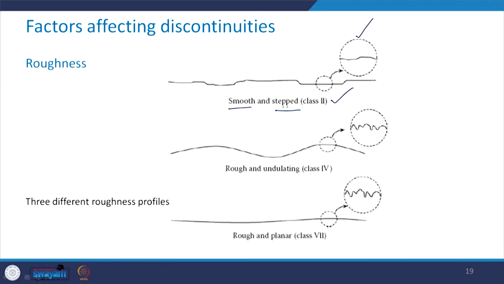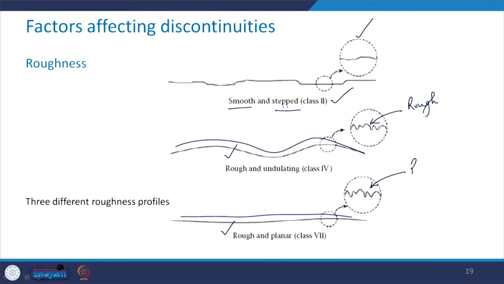You see it is undulating, and when you take the close up of it, you see here it is rough. Likewise, rough and planar. What is the difference between this and this? In the previous case it was undulating, while in this case it is more or less planar. And when you take the close up of a part of this, again you see here it is rough.